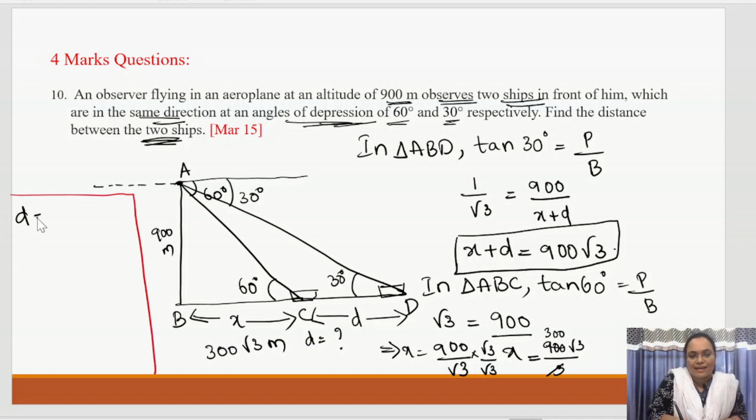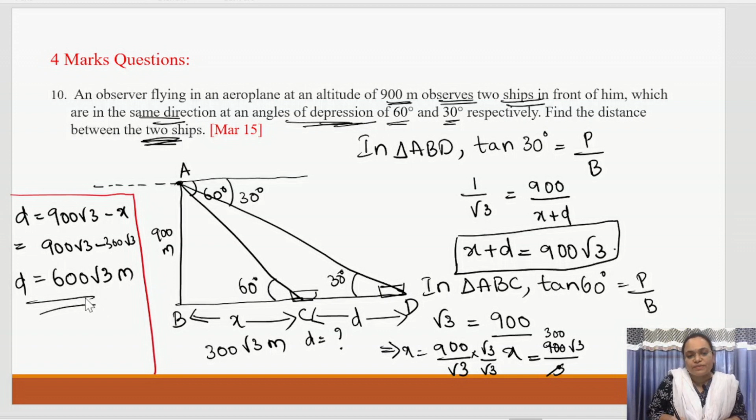I can send x to the RHS, so that will be 900 root 3 minus x, which is 900 root 3 minus 300 root 3, which is 600 root 3. The distance between the two ships is 600 root 3 meters.